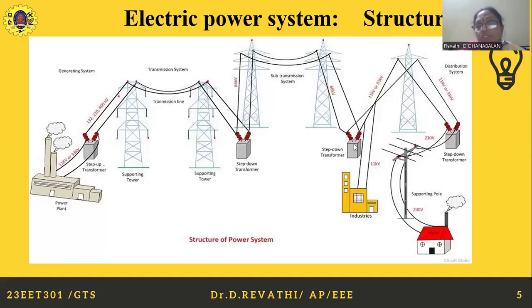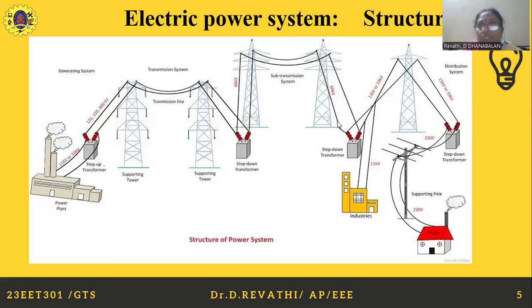Again, the consumers need only 11 kV. For example, industries need only 11 kV. And for our end users, we are all using only 220 or 240 volts normally, and 11 kV is also used by the industries.